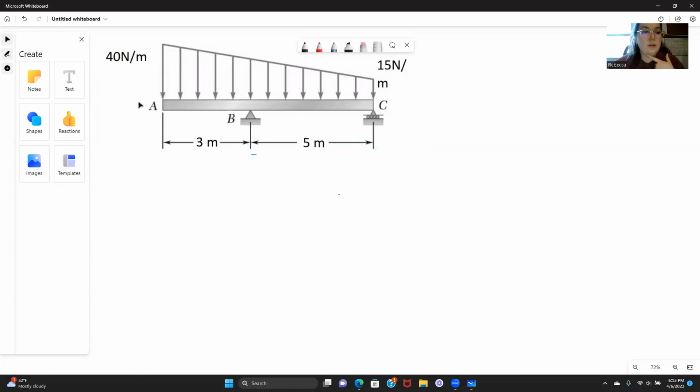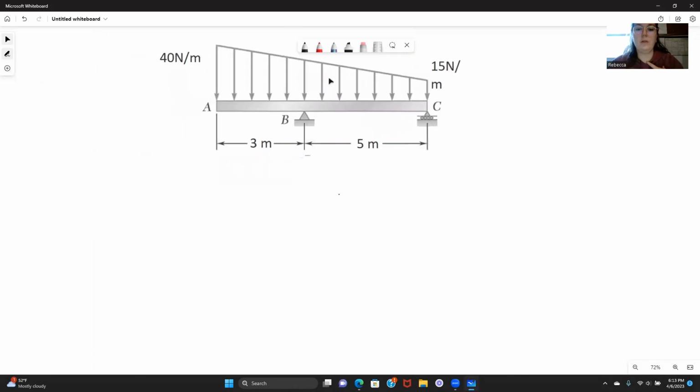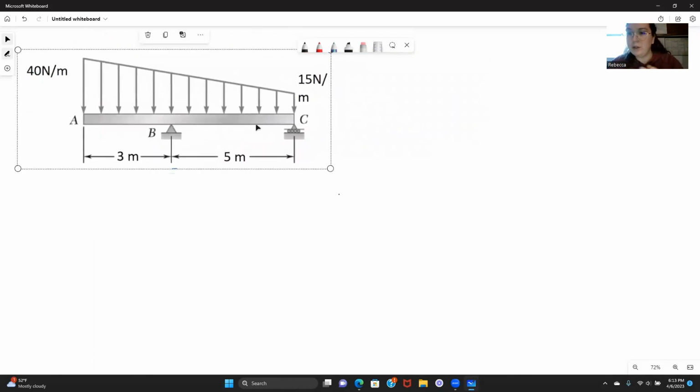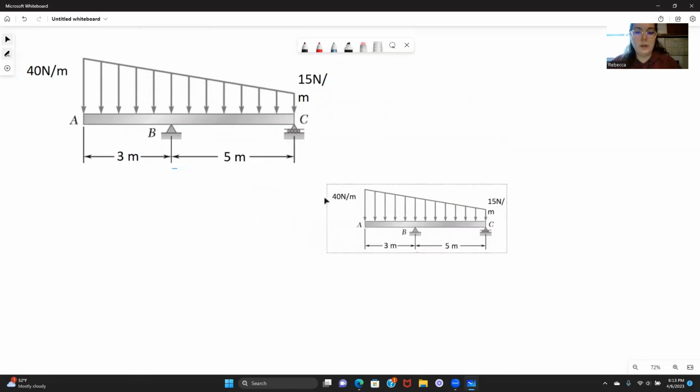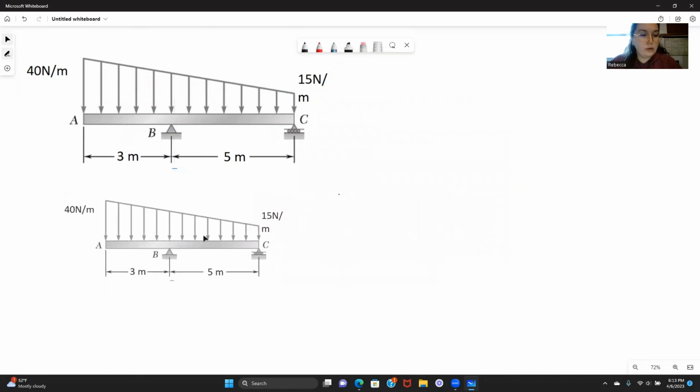I wanted to take a look at this distributed load problem in two different ways. The two different ways that I see intuitively to divide this up would be, so I have another picture. The first one would be to have two areas. Let's go with our yellow area and the green.